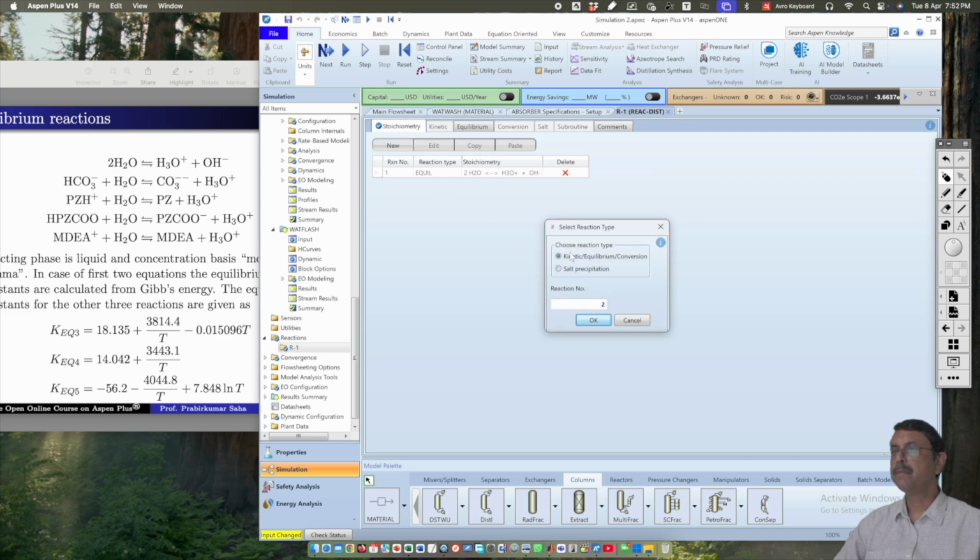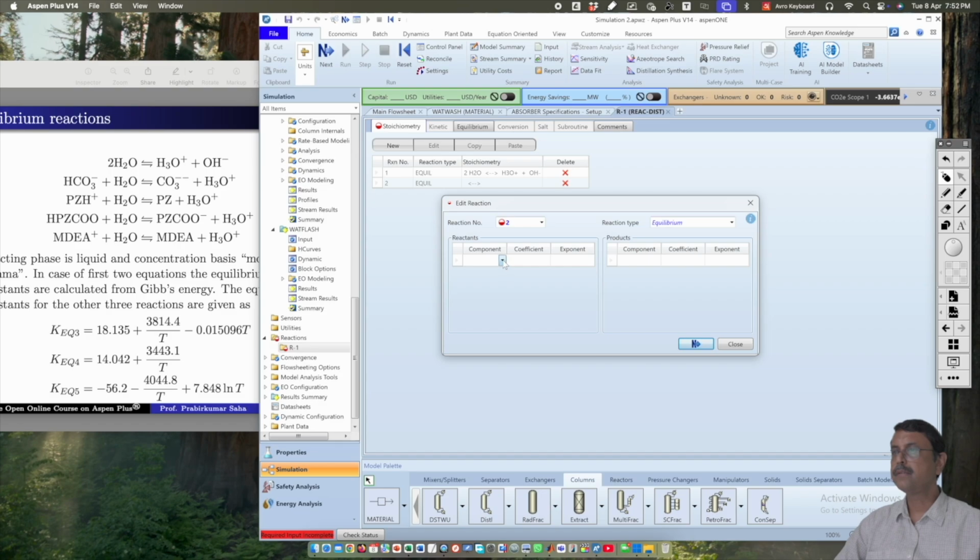This is an equilibrium reaction. The next one is also an equilibrium reaction. So it is HCO3 minus and H2O, both of them with coefficients 1, and then this is CO3 minus minus and H3O plus.